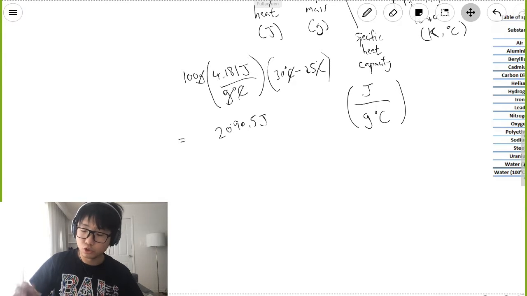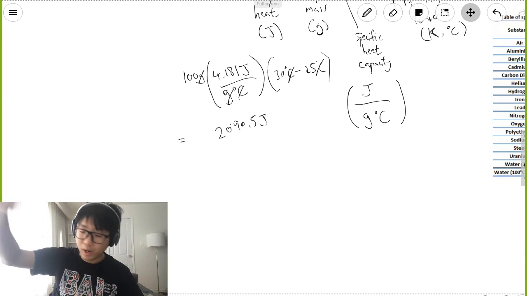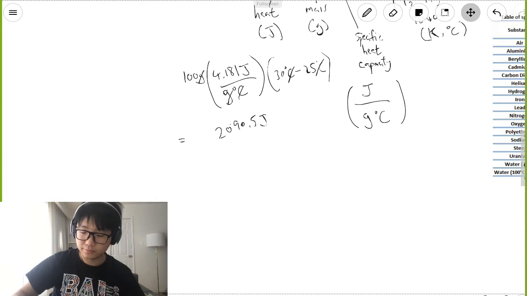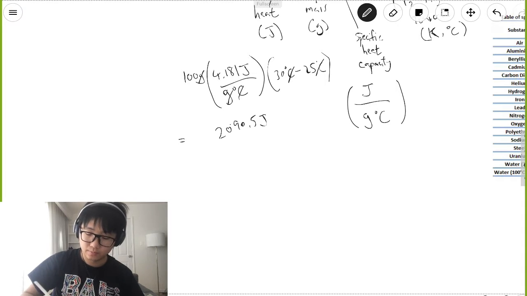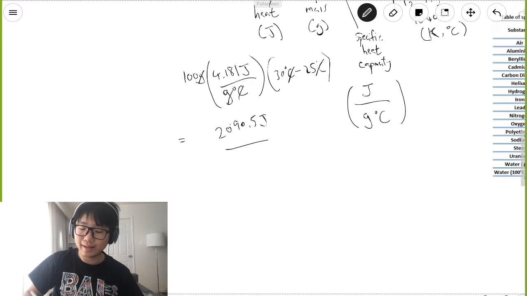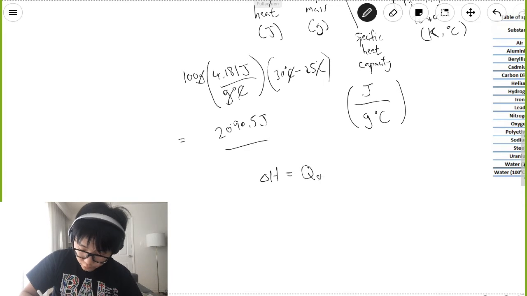Okay? So you should let that sink in for now, but I'm going to take this one step even further. If that confuses you, I'm going to come back to this and talk about this part again. But now with this joules, I can actually calculate an enthalpy value. And enthalpy means this. Delta H is going to be equal to whatever Q of the surrounding.